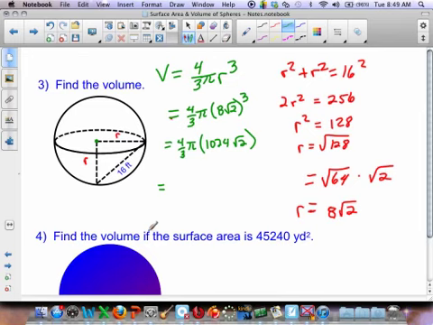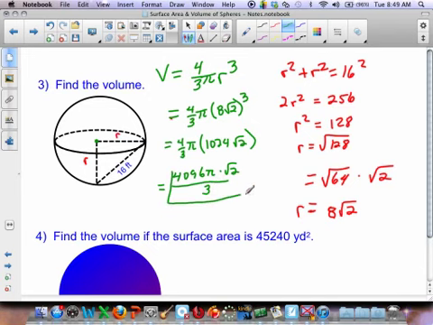Times the 4/3. Yeah, and the best way to do that is to simply multiply by the 4. So we get 4,096 pi radical 2 all over 3.